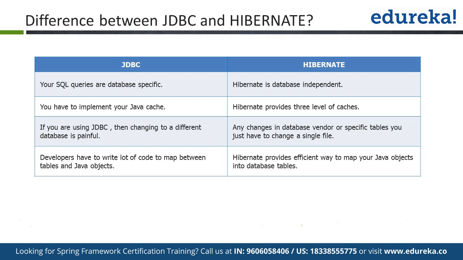So both have their own pros and cons, and we need to decide at the design level which way to go, whether we use Spring iBATIS, Spring Hibernate, Spring JDBC template or any other API for interacting with our RDBMS.